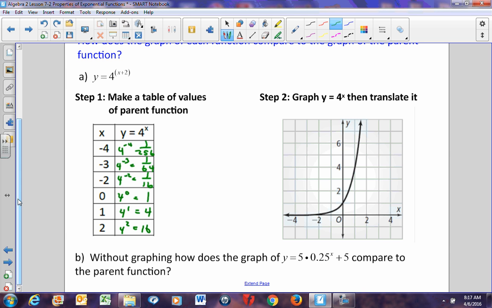So that graph is graphed right here in the black, and that happens to be y equals 4 to the x. We'll just label that one nicely.